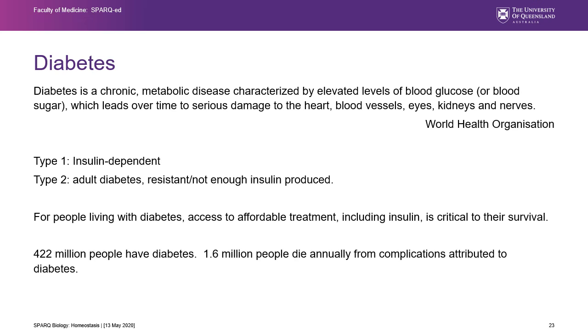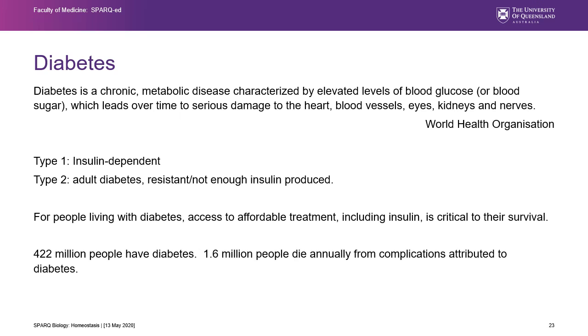There's juvenile or insulin-dependent diabetes, type 1, and type 2, which is adult diabetes. For people living with diabetes, they need to have access to insulin. The manual intake of insulin, whether through injections or tablets, is critical for their survival and for maintaining a fairly regular blood sugar level.